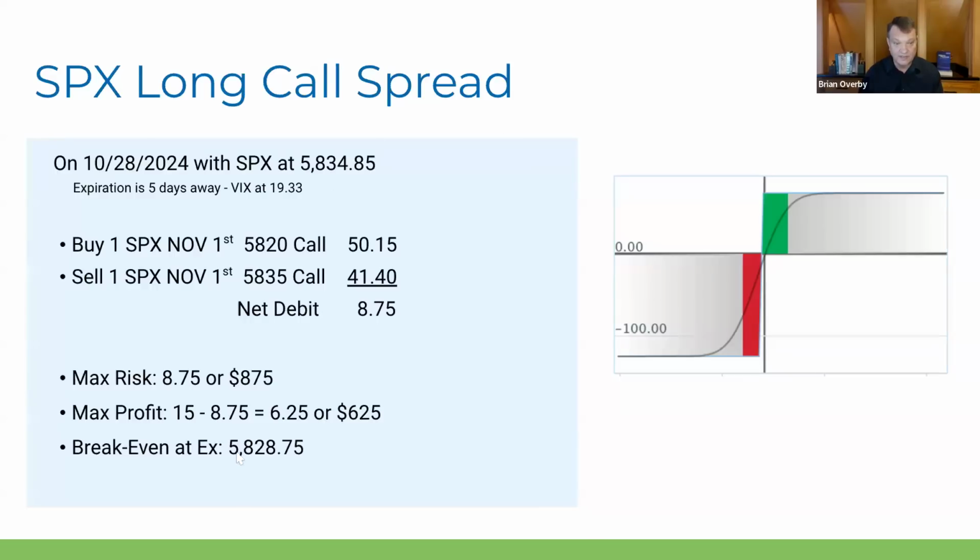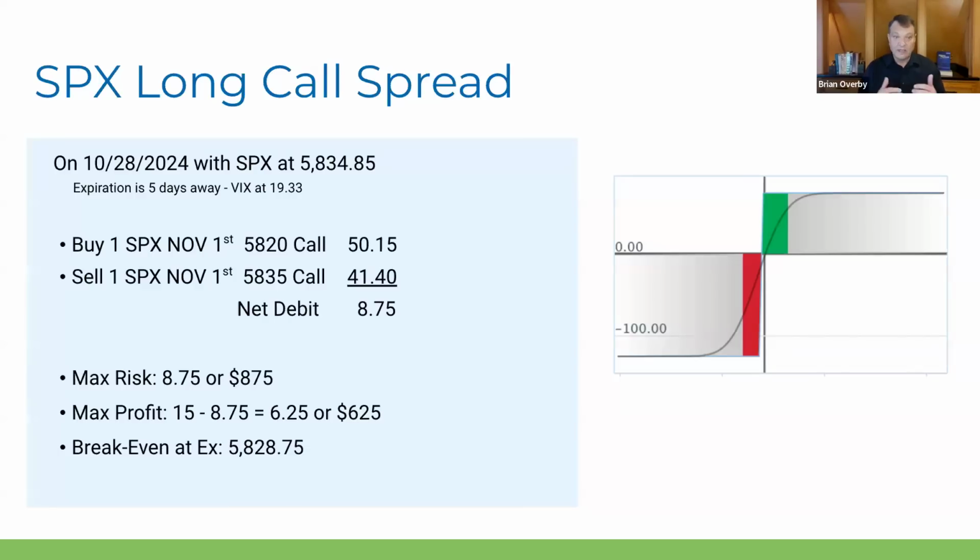If the market just stays above 58.28.75, if it just stays above that level, we are then profitable on this trade. So we can drift a little bit lower or we can drift a little bit higher. Our maximum risk is 875. If the market goes below 820, that's the maximum that we can lose on the trade. And if I'm looking at this trade, this is the way I like to approach some long call spreads.